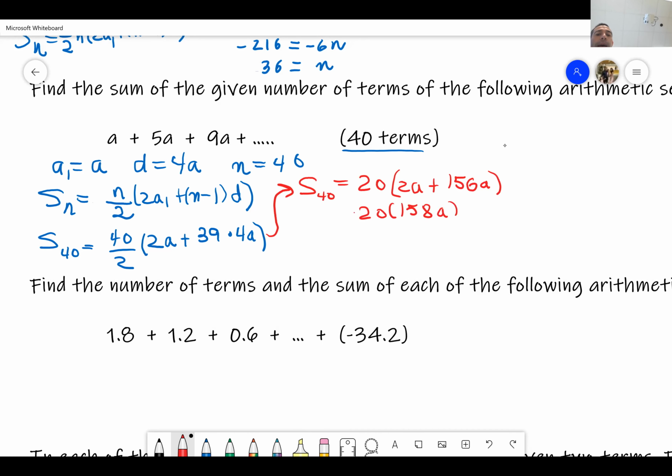And now you multiply that times 20. So S of 40 must equal 3,120a. Oh wait, I messed up. Well, 3,160a. And you're done. That's all there is to it.